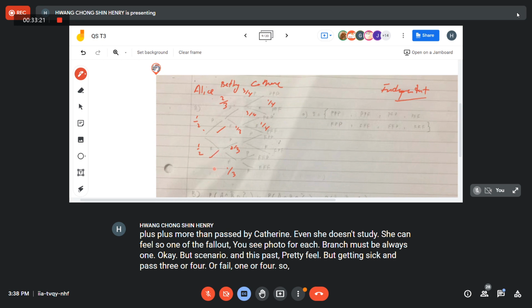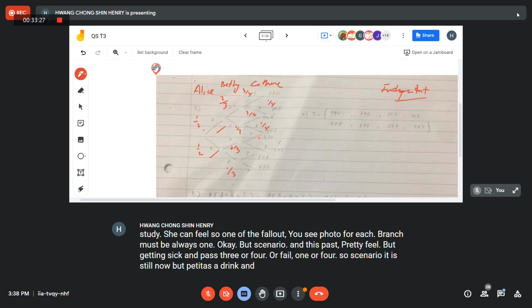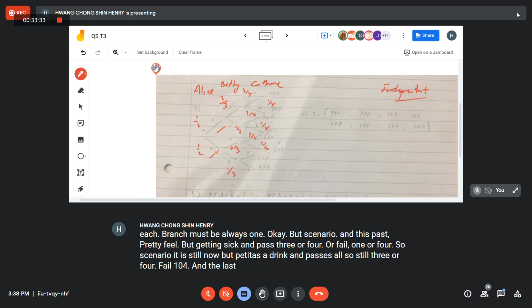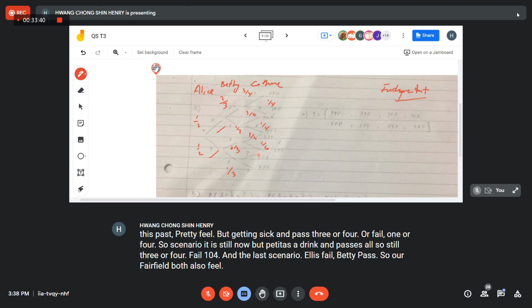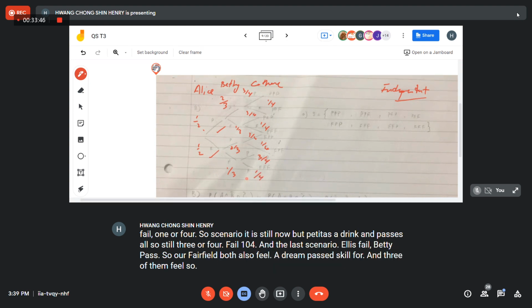So the third scenario, Alice fail now, but Betty pass, Catherine can pass also. So still 3 over 4, fail 1 over 4. And the last scenario, Alice fail, Betty pass, fail, both also fail. Catherine pass 3 over 4, and 3 of them fail also 1 over 4 here.